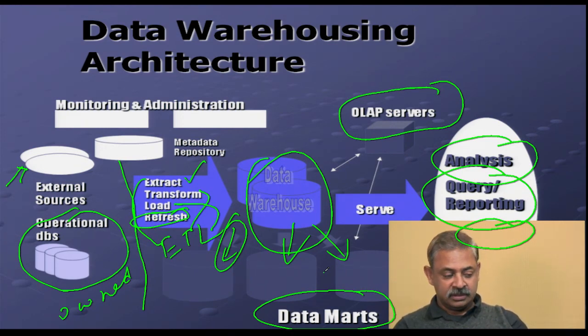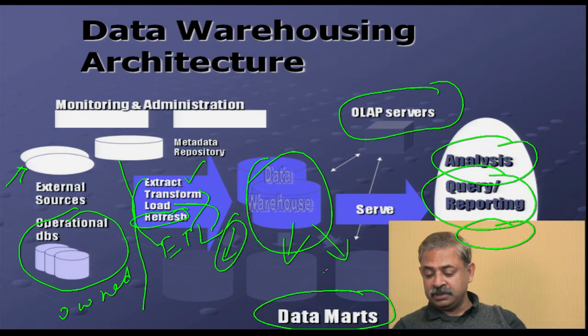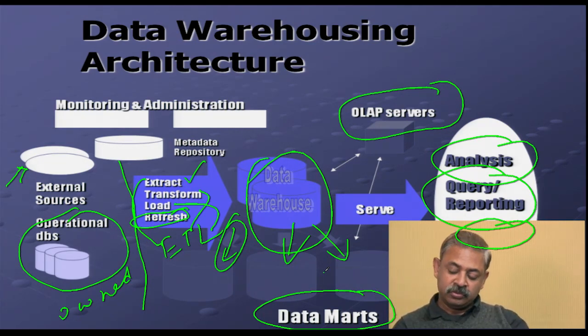Data marts are subsets of data warehouses which are smaller in scope and size, and they require fewer resources. So they are easy to build, and in the bottom-up approach we first build these data marts and then integrate them to get the data warehouse.